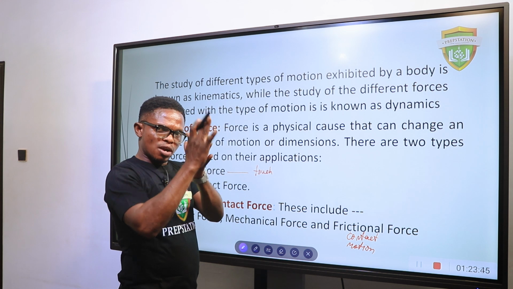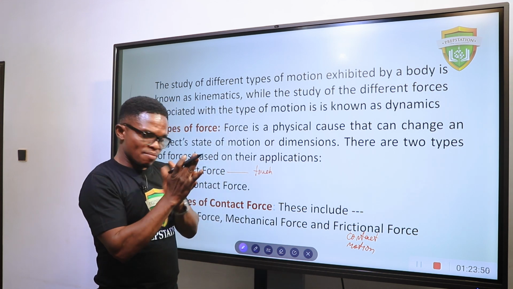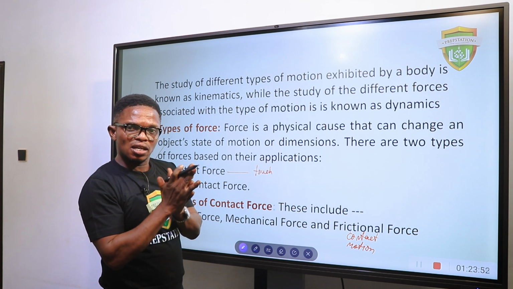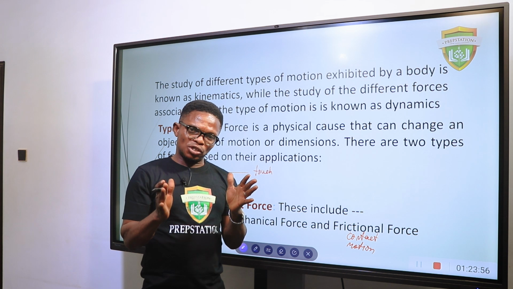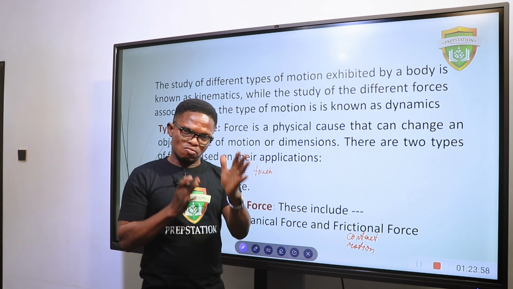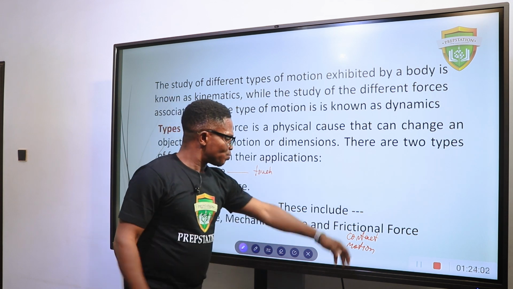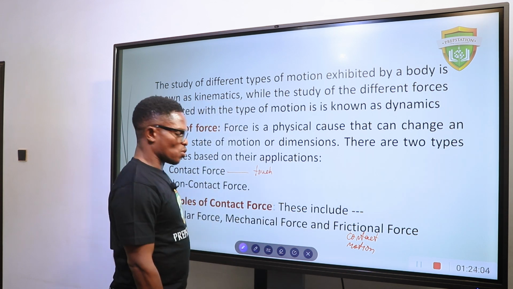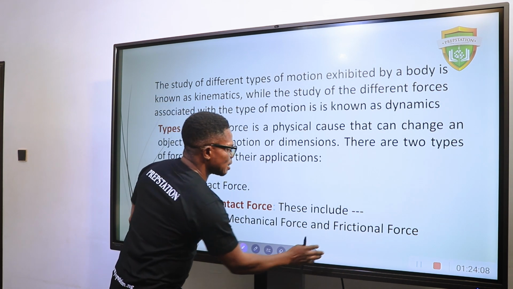For example, if I rub my palm, after some minutes, I'm going to generate heat. That is friction. But if I keep these two palms away from each other and then I continue to move it this way, friction can never occur. So these three are examples of contact force. There must be a contact, okay? Then let's move forward.